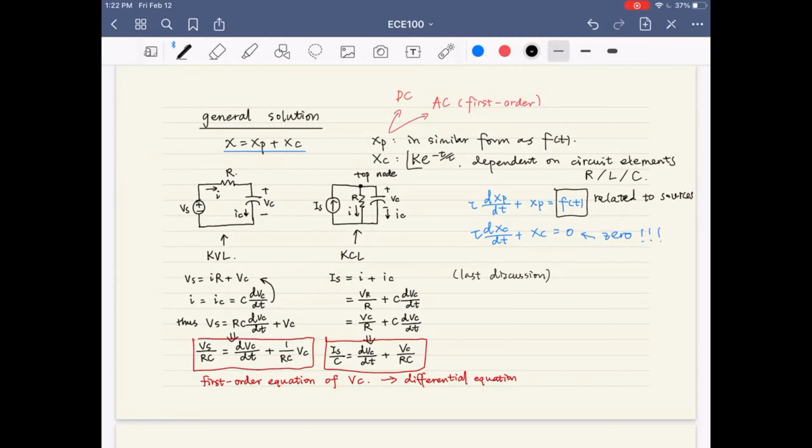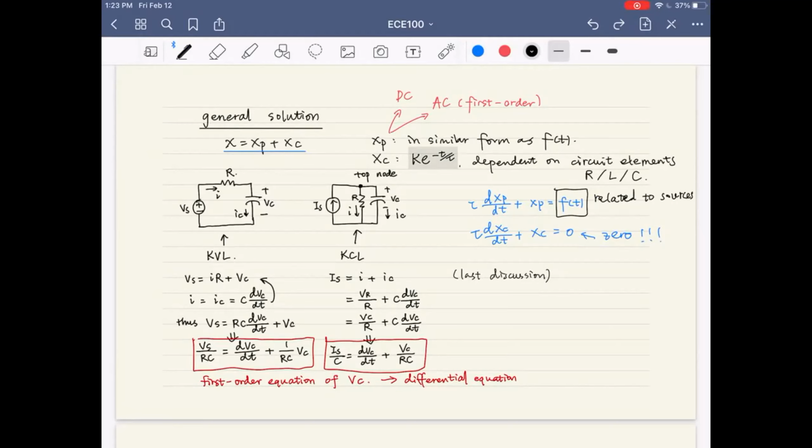If you observe its format, you'll see that it is an exponential function with a minus t over tau, right? So it would decay as time goes. And after several tau, it will reach approximately 0. The XC will disappear. And it is dependent on the circuit elements. How many R you have there, and you have C or L, whatever.